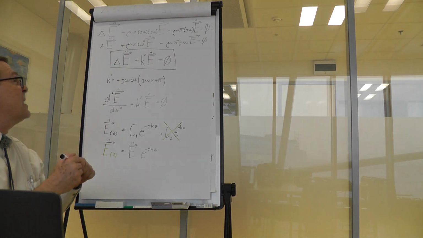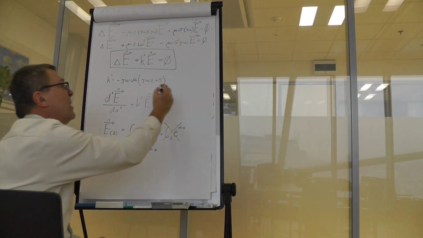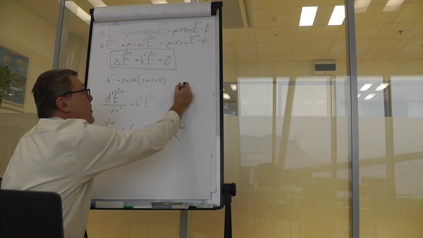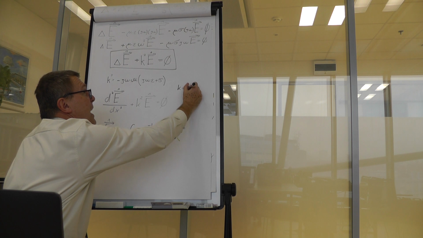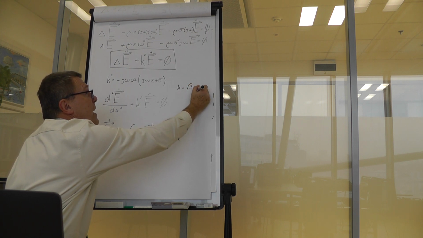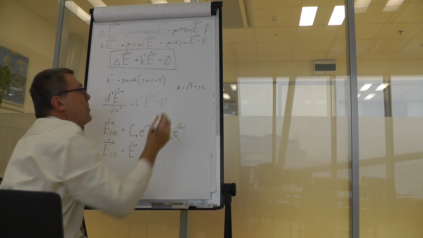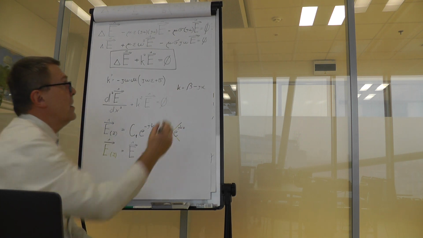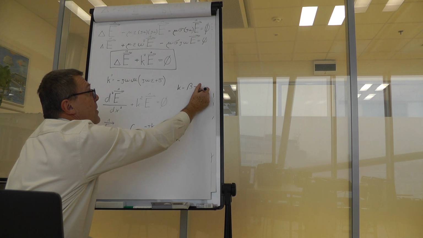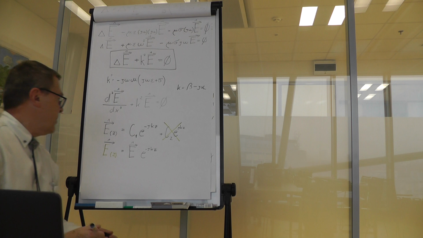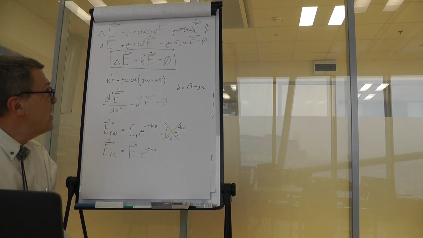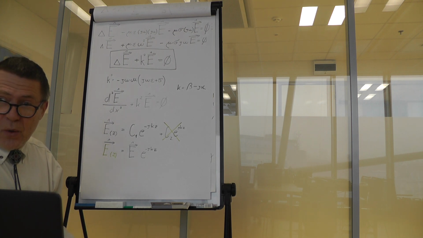So let's set up k that would be equivalent to some beta minus j alpha. Beta minus j alpha. And let's look what happens with the equation now.